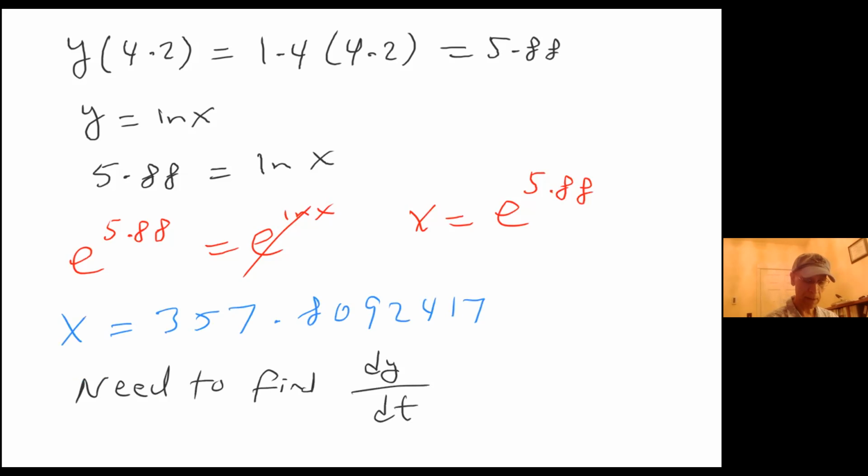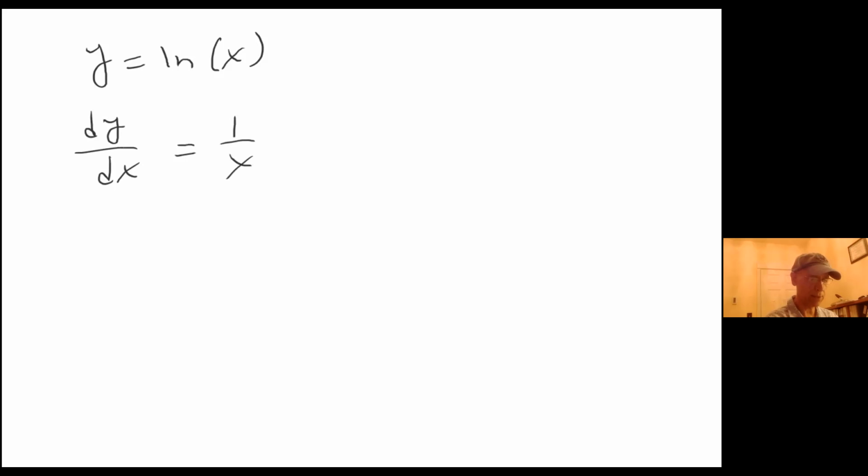So I know that y equals natural log of x, so dy dx equals 1 over x. And if that's the case, then dx dy equals x over 1, which is simply x.